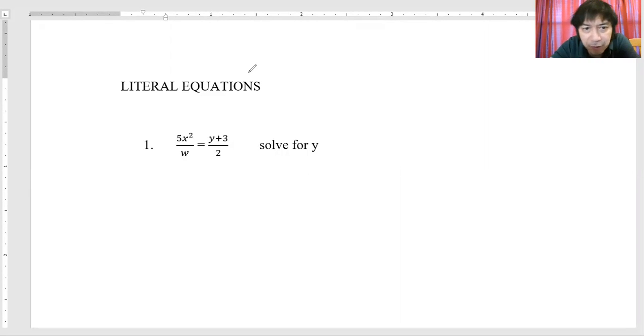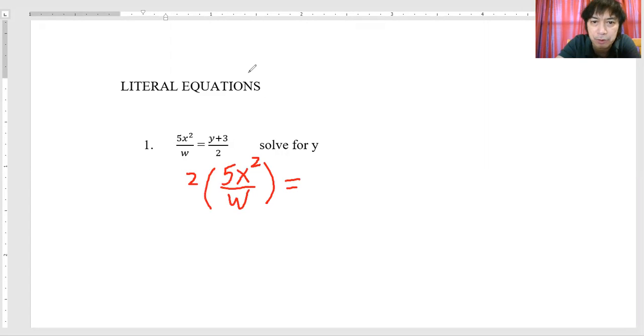Now we're after the y here, so we can start by multiplying both sides by the number 2. So this is the working equation. 2 times 5x squared over w. Okay, that will be the left side.